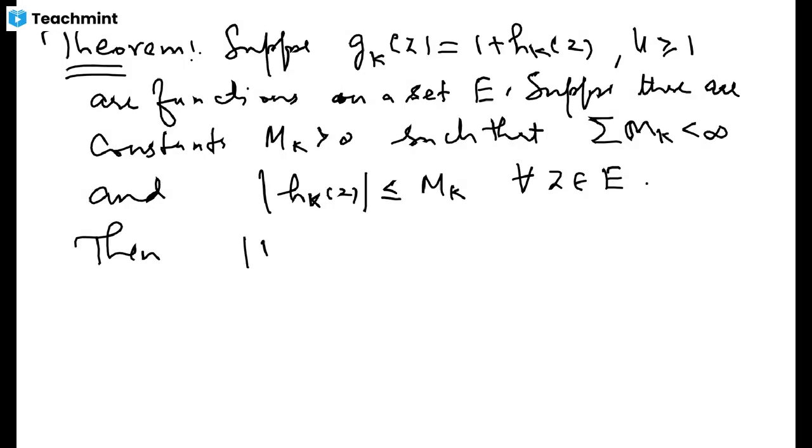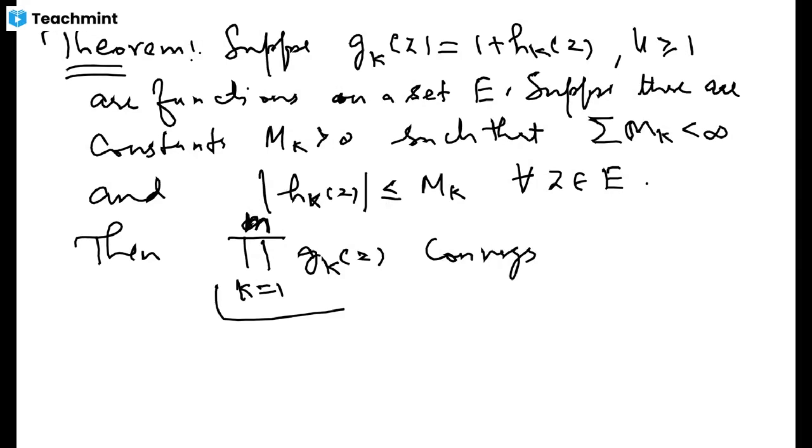the infinite product of these functions converges, not infinite product, sorry, I have to take the partial products first. I have to take this m, then this partial product of these functions converges, because this is a function again, so you're getting a sequence of functions. This is a finite product of functions, so it's a function.